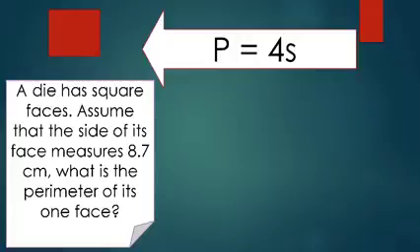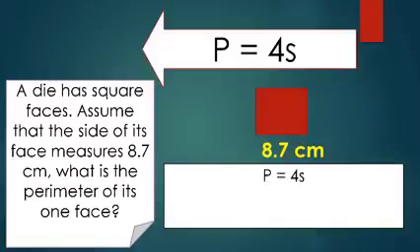So dito, kukunin natin yung perimeter ng isang face ng die, which is in square shape. So let's sketch. So we have your die, and one of its side is equal to 8.7 centimeters. Since this is a square, ibig sabihin, other sides is also equal to 8.7 centimeters.